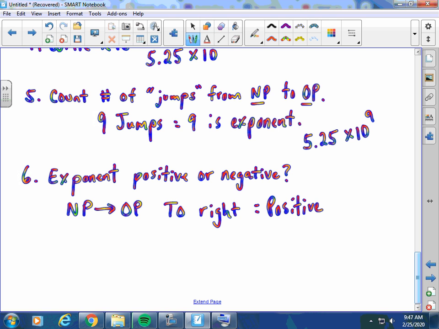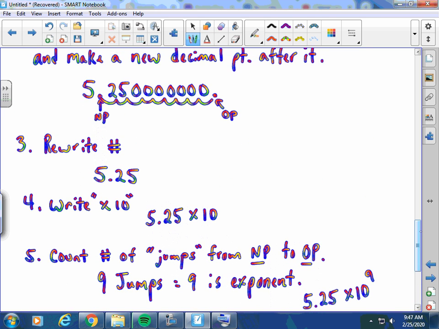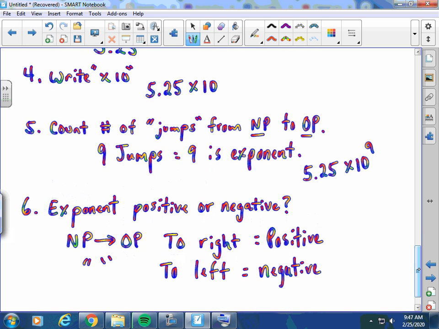If new point to old point goes to the left, then the exponent is negative. So in this case here, when we went from the new point to the old point, we went to the right, so that means the exponent is positive.